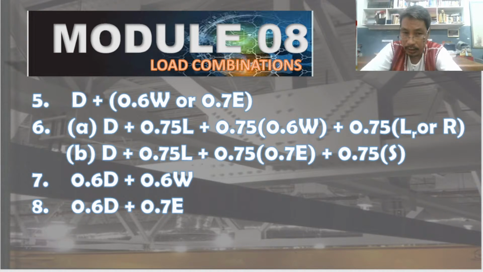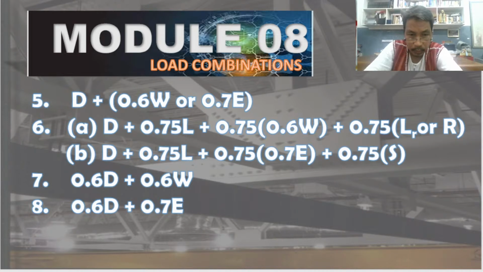Take note, NSCP would be our main reference law. So equation number 7, 0.6 dead load plus 0.6 wind load. And equation number 8, take note, we now have 8 equations. Previously on LRFD, we have 7 equations. So equation 8 is 0.6 dead load plus 0.7 earthquake load.